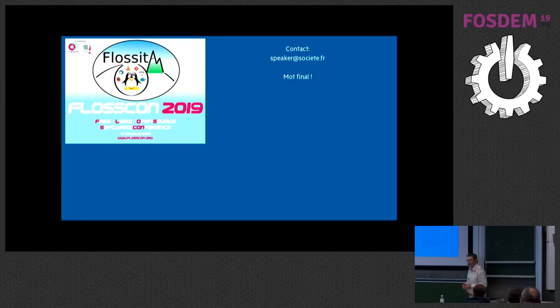Redfish does not have a goal to solve those security issues per se. It's a way to do secure management because it's encrypted and it has an authentication mechanism compared to IPMI, which was really poor, or SNMP, which has also a certain number of other problems. So it does not solve world hunger, but it solves some of the problems.